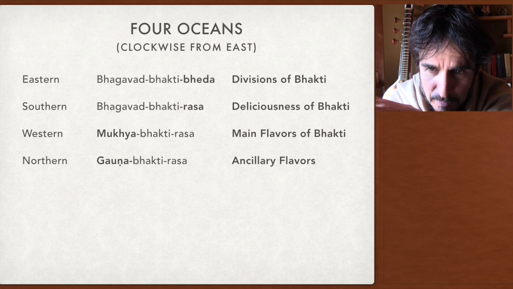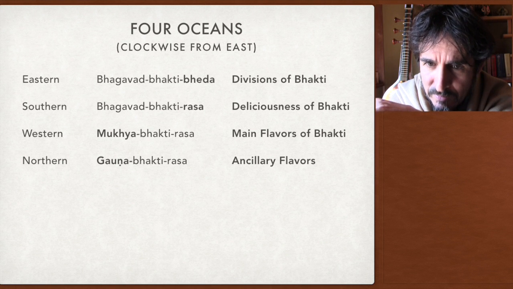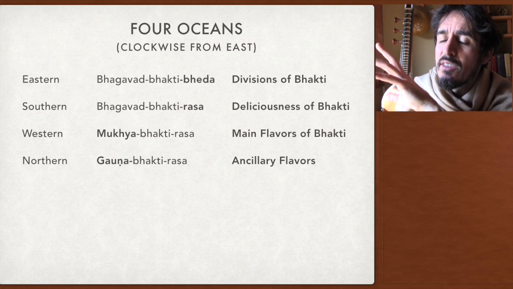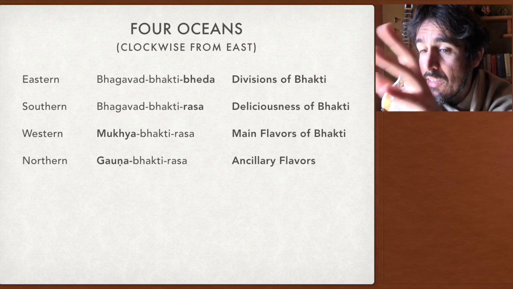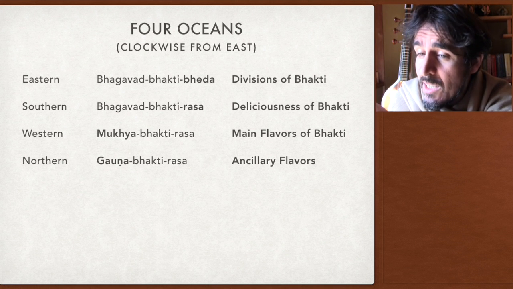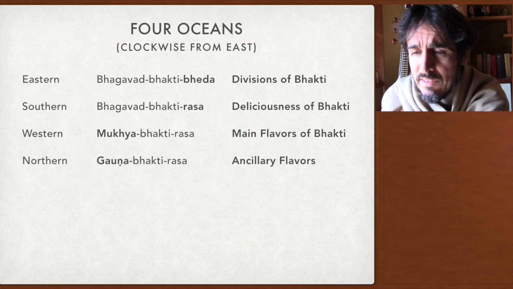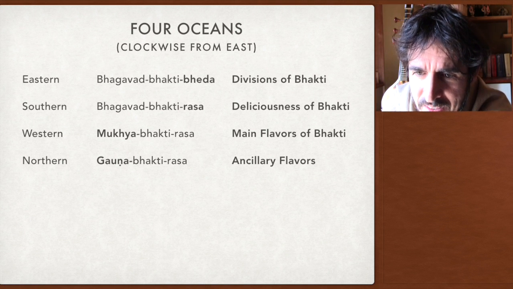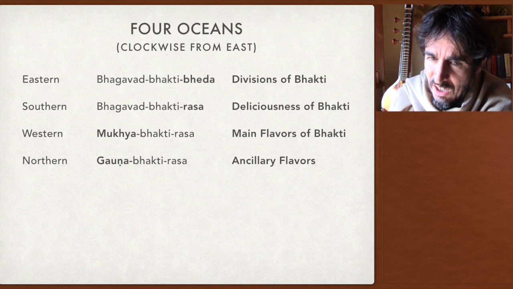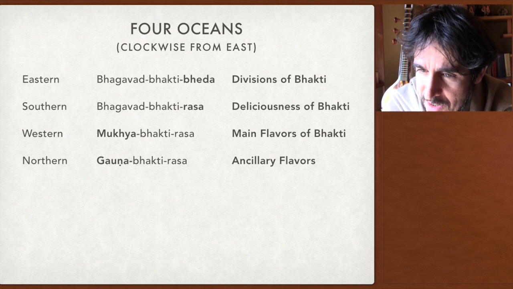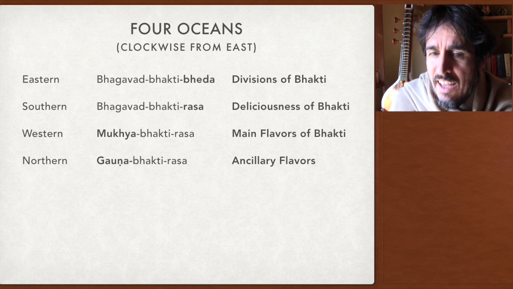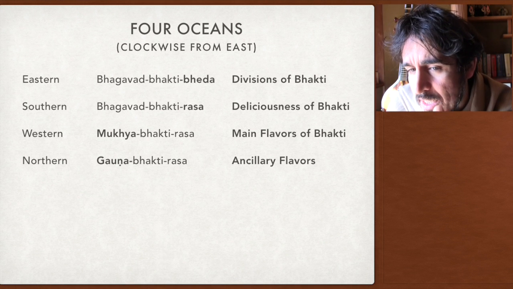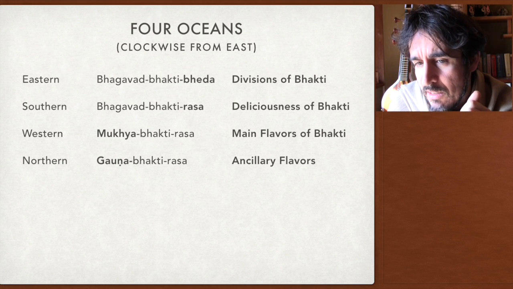And you can see that the Bhakti Rasamrita Sindhu has 4 divisions. The first division covers the divisions of bhakti, the different kinds of bhakti, different types and stages of bhakti. The second division covers the flavor or deliciousness of bhakti, the rasa of bhakti. And then the Western and the Northern go more into the Bhakti Rasa.